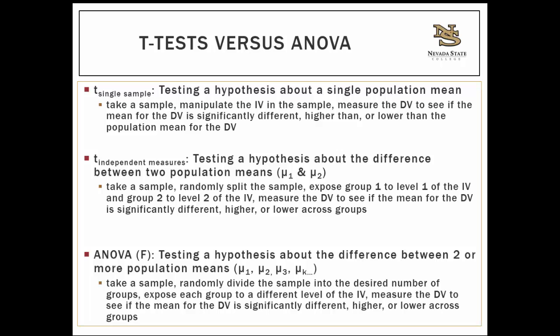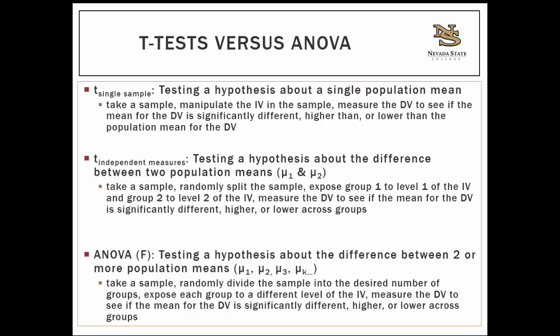So if we find a significant finding, it's highly unlikely, low probability, that we would observe this result just due to chance, so it's probably due to the fact that on-the-job training from a peer works better than on-the-job training from a supervisor. So in other words, if the sample with on-the-job training from a peer has a significantly higher performance appraisal score compared to the sample with on-the-job training from a supervisor, then you'd be pretty confident that on-the-job training from a peer would be superior for employees in the population.